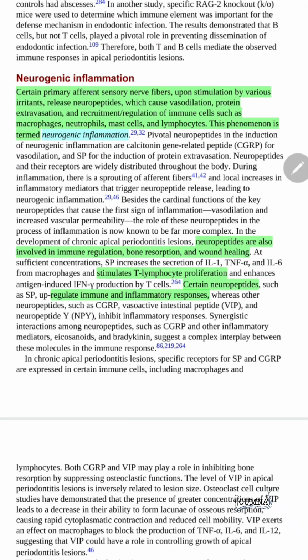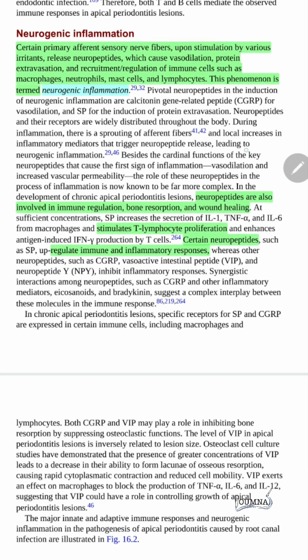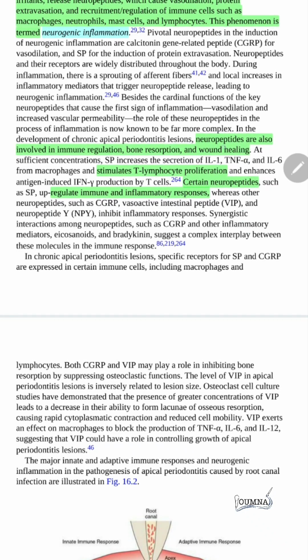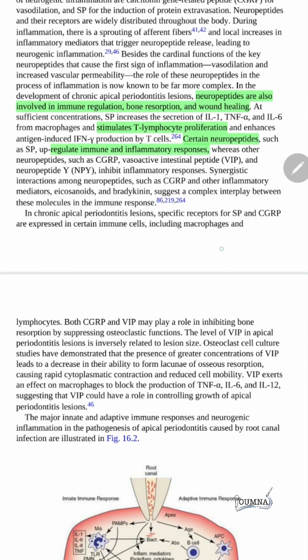The nervous system is important in the inflammation process because when neuropeptides are released from the stimulation of the irritants, the nerve fibers cause vasodilation for the immune cells to come to the area, like the neutrophils, the macrophages, and the lymphocytes. Also, the neuropeptides regulate bone resorption and wound healing.